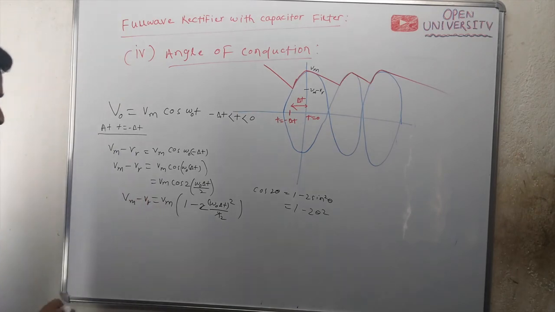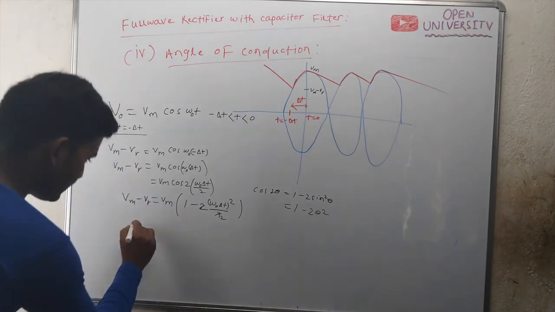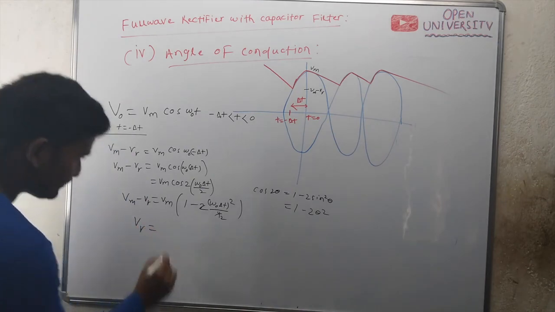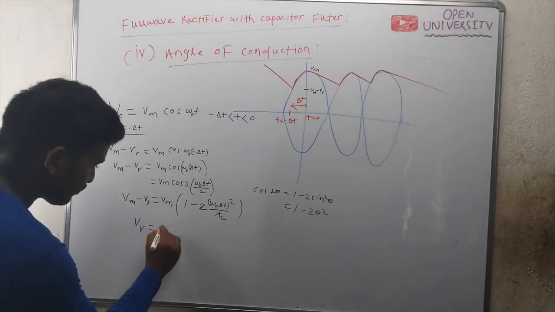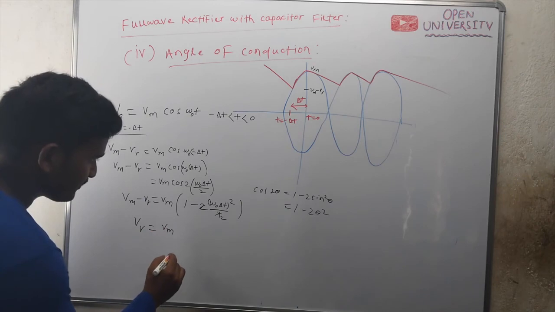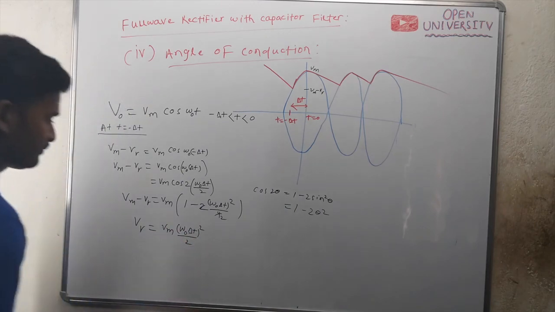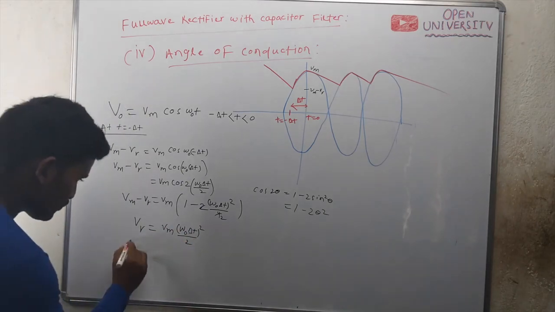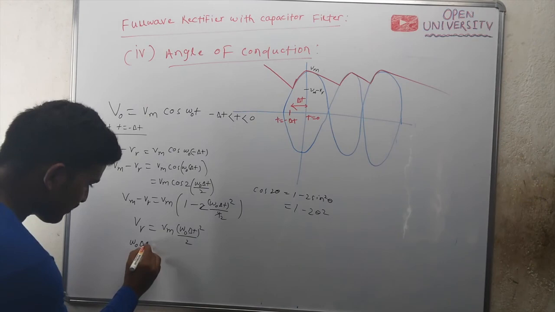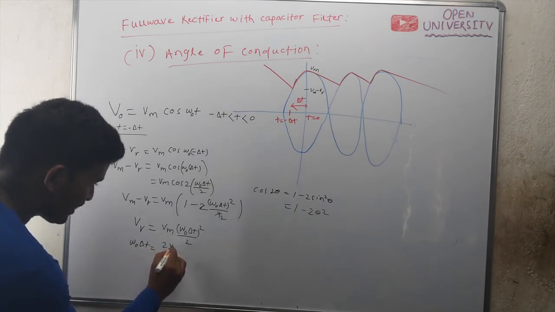This Vm will be cancelled, minus with minus will be cancelled, then I can write Vr equal to Vm into omega naught delta t square by 2. So I can write omega naught delta t equal to square root of 2 Vr by Vm.